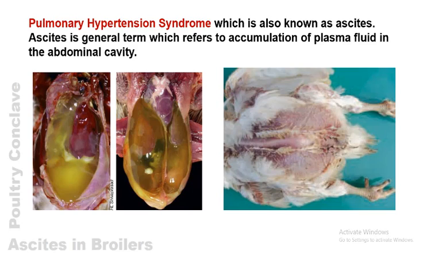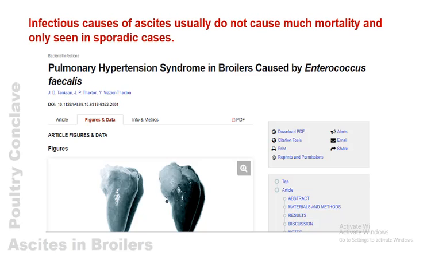Ascites is a journal term which refers to the accumulation of plasma fluid in the abdominal cavity. There are a number of etiologies, or we can say reasons, which may cause ascites in broiler bird and sometimes in layer bird. These causes either may be infectious or non-infectious. Infectious causes of ascites usually do not cause much mortality and are only seen in sporadic cases.